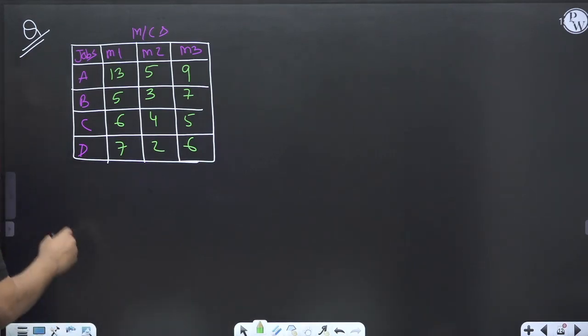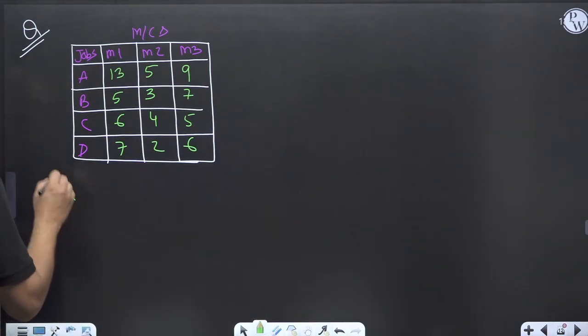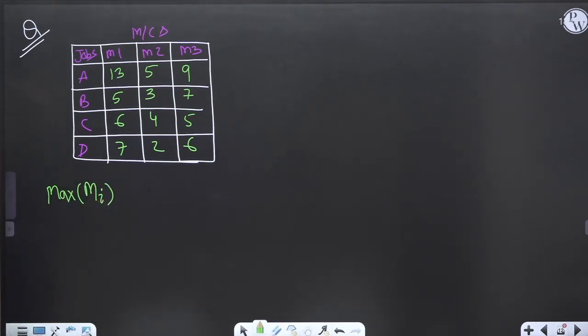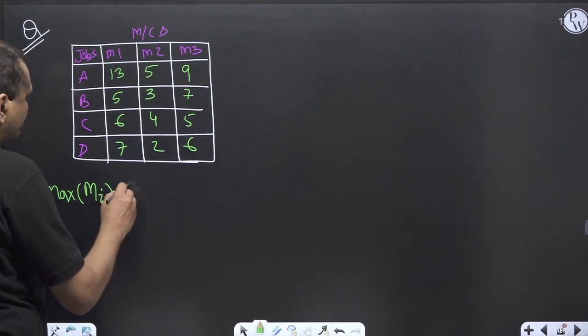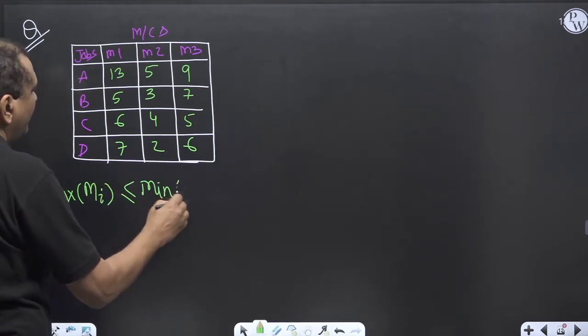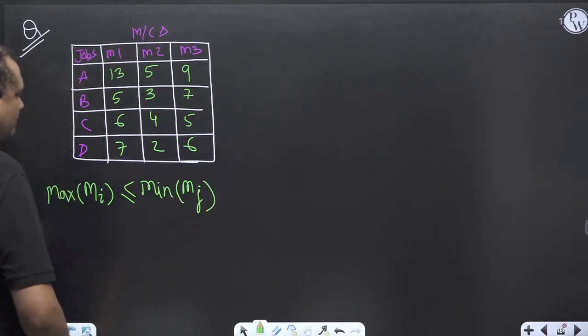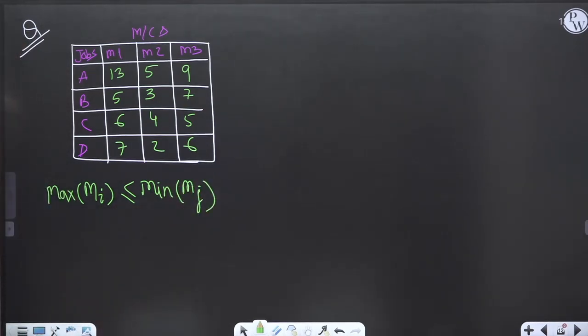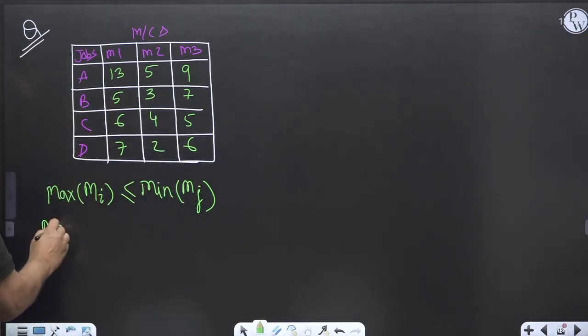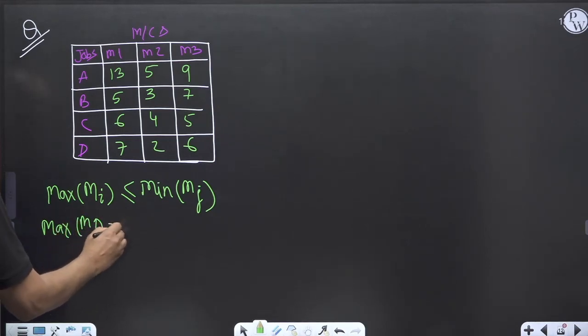See, if it so happens that the maximum time of any machine is less than or equal to the minimum time of any other machine, this condition must exist. So here I can say the maximum time of machine 1 is 5.